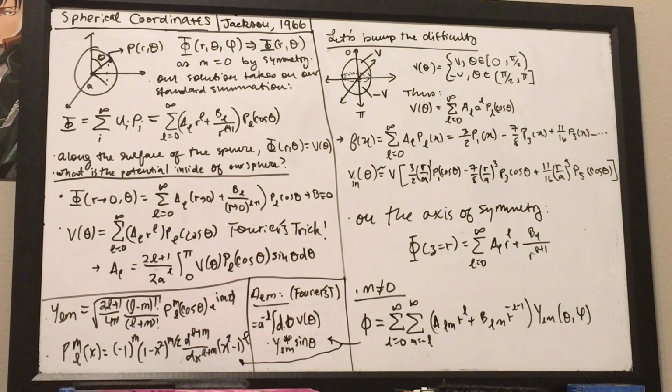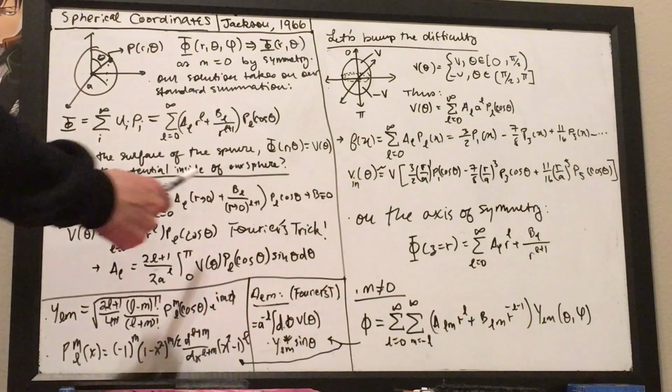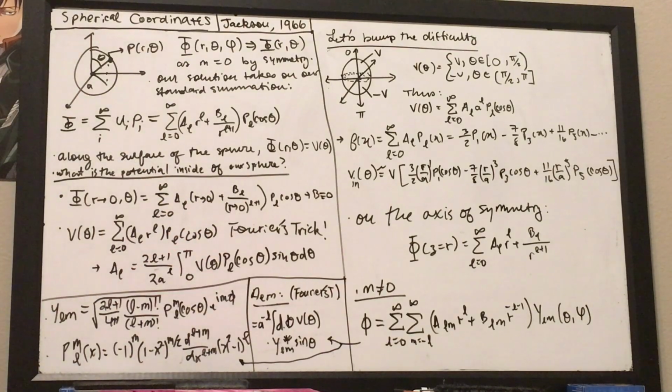And we can't have an infinity just sitting inside of our sum. So in order to nix this physical impossibility, this coefficient b sub L has to be equal to 0 for all values of L. So we just get rid of that term completely. We get rid of the 1 over r dependence here in our sum, because it's just not physical.